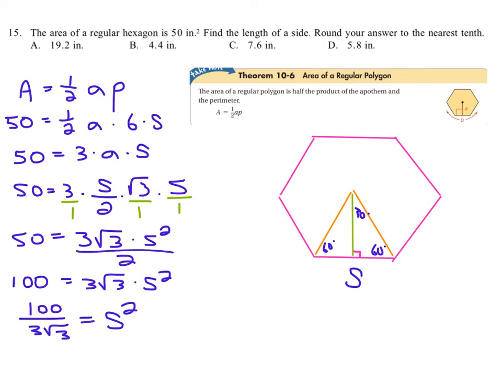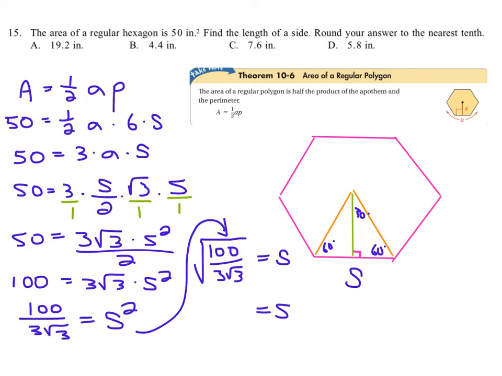All right, and then moving this up here, if that's what S squared is, then S is going to be equal to the square root of all of that, 100 divided by 3 root 3.